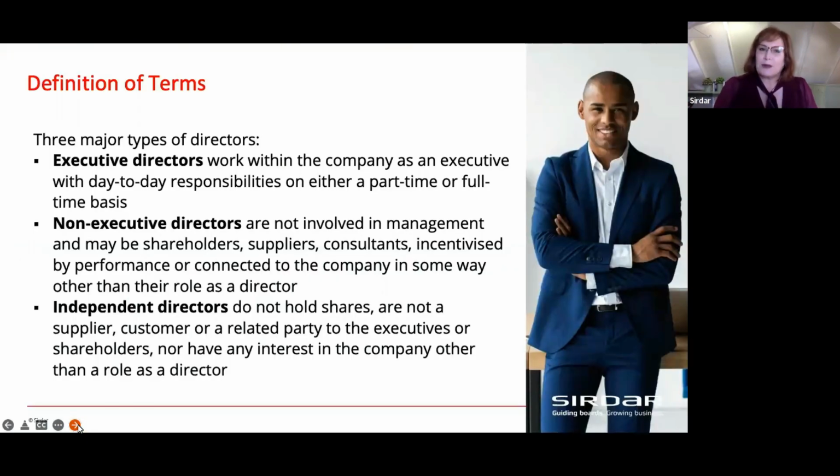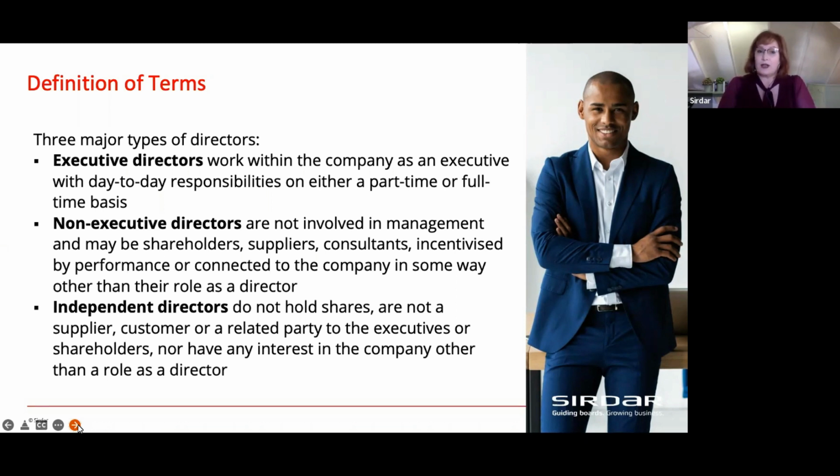So please indulge me while I spend just a moment talking about the three types of directors. I think it's important to understand, because so often, even ourselves, when you are looking at board positions, you're interested in roles, you're talking about boards, there is some confusion. So just to confirm, an executive director works within the company as an executive with day-to-day responsibilities on either a part-time or full-time basis.